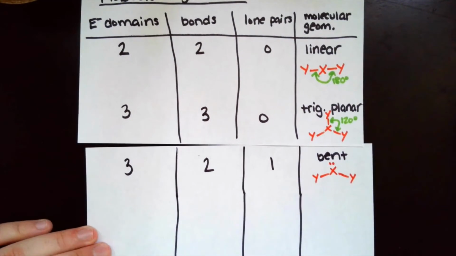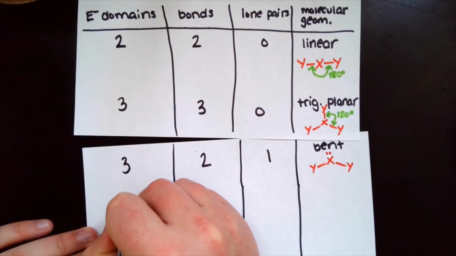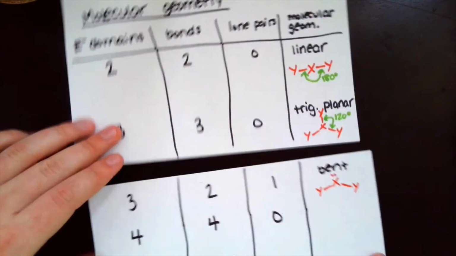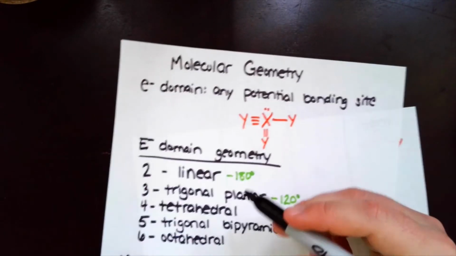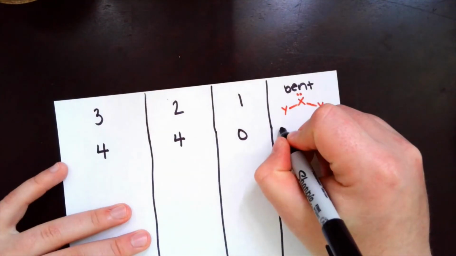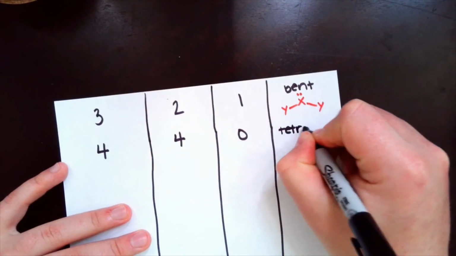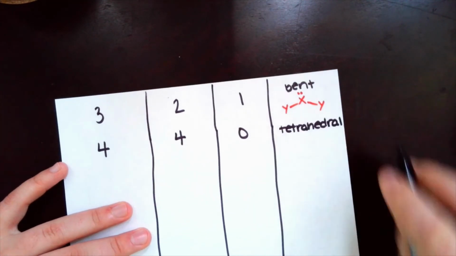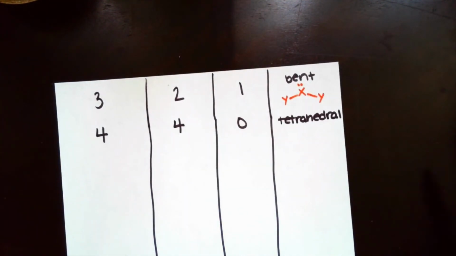Alright, now, if we have 4 domains, and they're all bonds, once again, you just get the electron domain geometry repeated. So that's tetrahedral. Now, drawing this one, I'm actually going to start to show 3-dimensionality in my bonds.